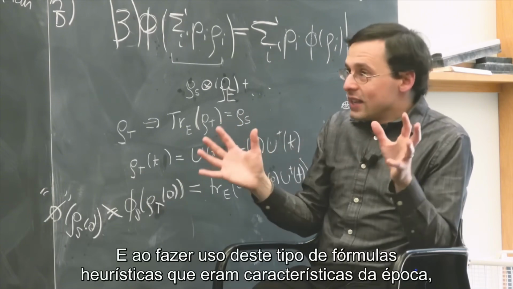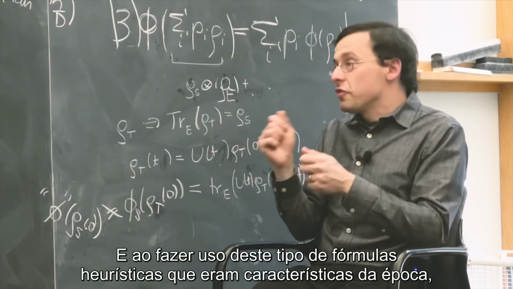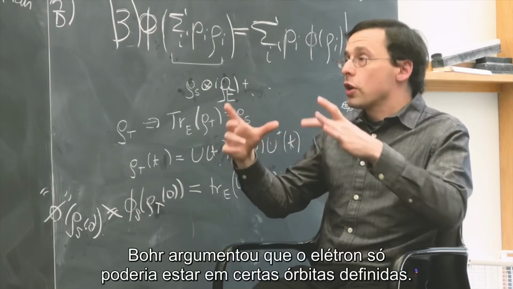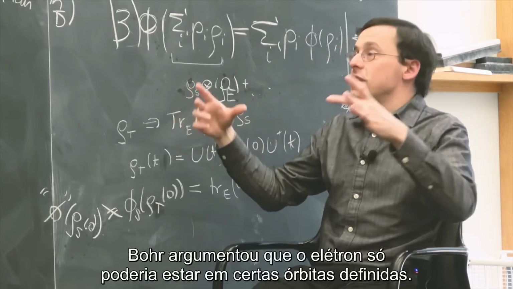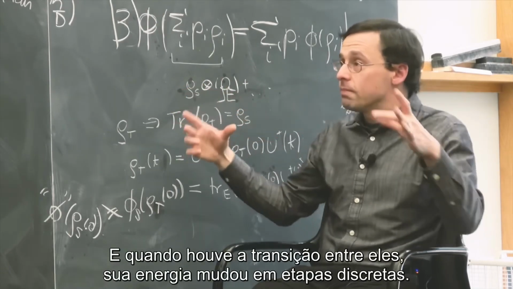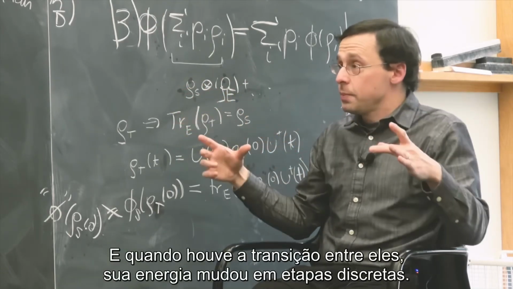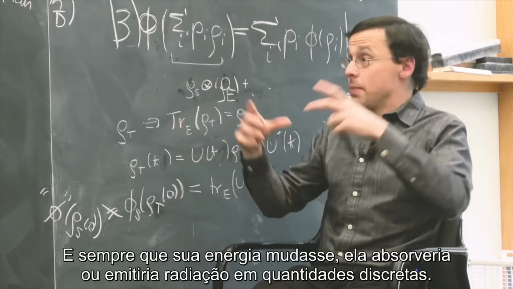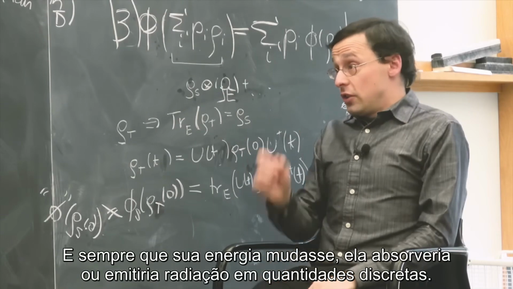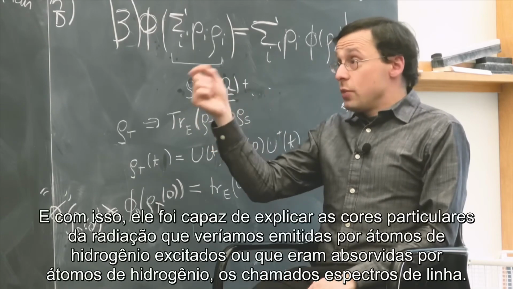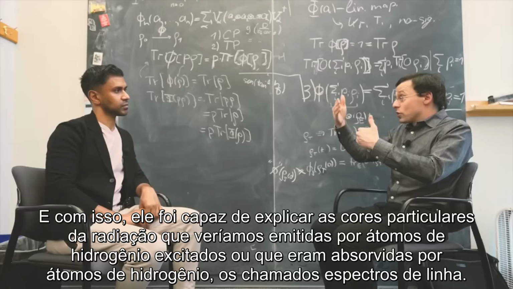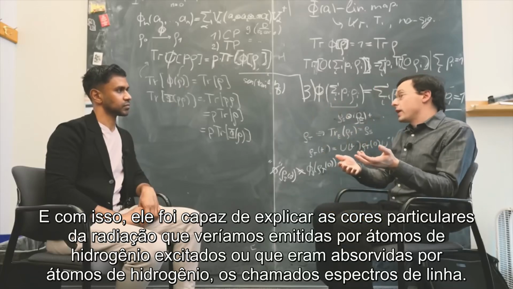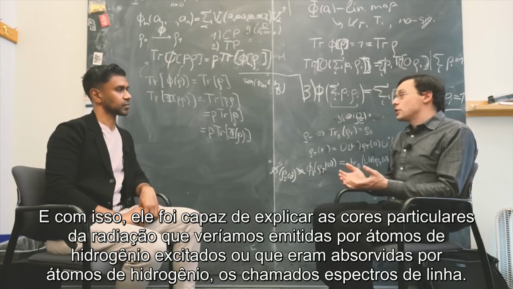And by making use of these sort of heuristic formulas that were characteristic of the time, Bohr argued that the electron could only be in certain definite orbits, and when it transitioned between them, its energy changed in discrete steps, and whenever its energy changed, it would either absorb or emit radiation in discrete amounts. And with this, he was able to account for the particular colors of radiation that we would see emitted from excited hydrogen atoms or that were absorbed by hydrogen atoms, the so-called line spectra.